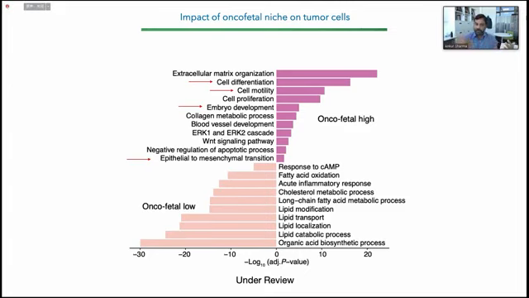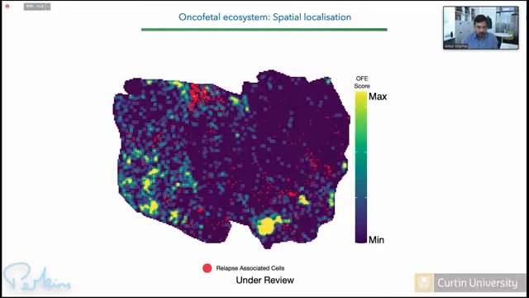So we could look into how these tumor cells present in the oncofetal high relapse patient versus low, what are the differences in them? As you can see, some of the interesting features are that tumor cells in oncofetal high areas have cell mobility, which could be EMT markers, embryo developmental-like genes, so could be more stem-like cells, and again EMT as such, while the areas in non-oncofetal are more metabolically active.